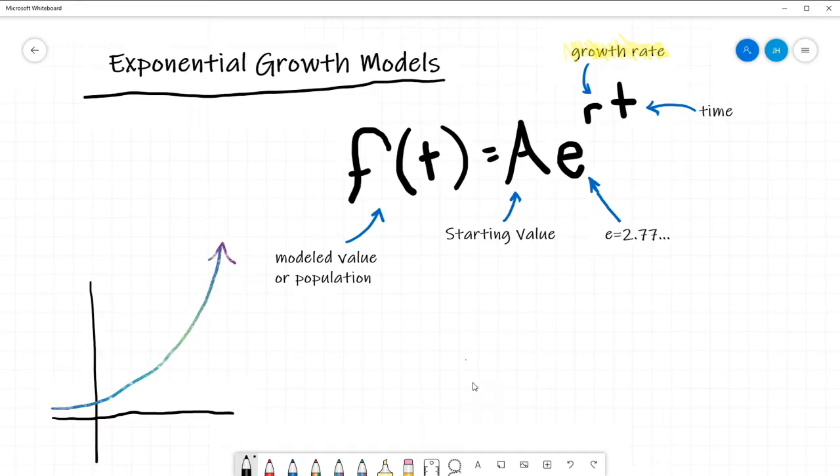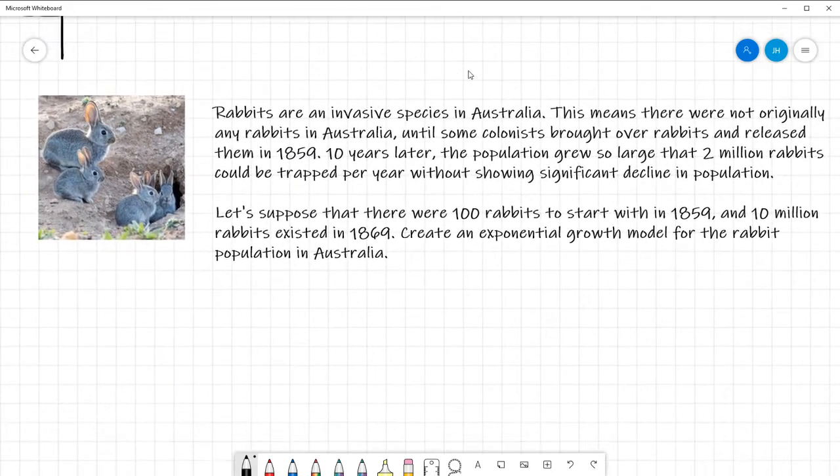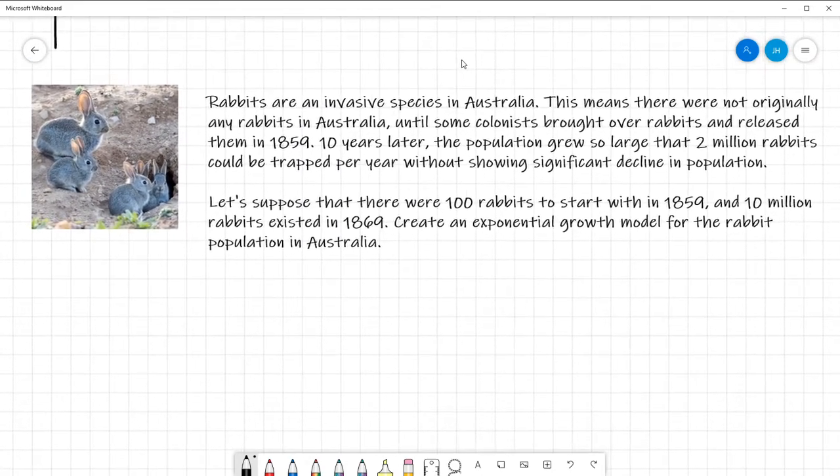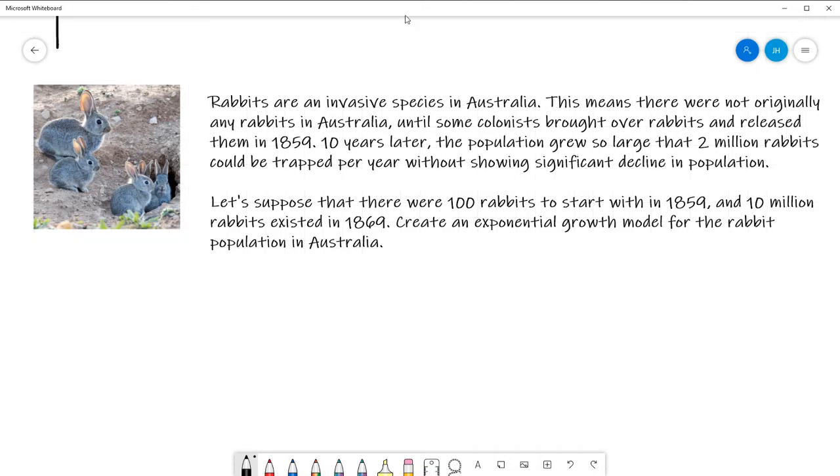The example I would love to use is my favorite example of exponential growth, rabbits in Australia. Rabbits are an invasive species in Australia. What that means is that there didn't exist rabbits in Australia originally, right? There were no rabbits there until some colonists brought over rabbits and released them back in like 1859, right? Something that's crazy that happened though, the rabbits, because they are not a native species in Australia, have no natural predators.